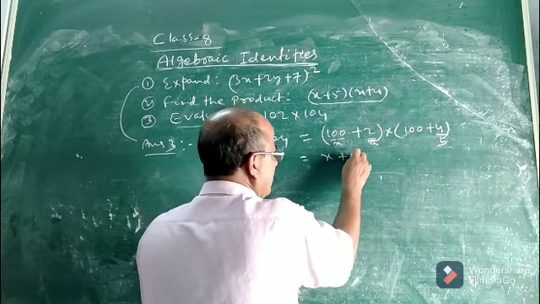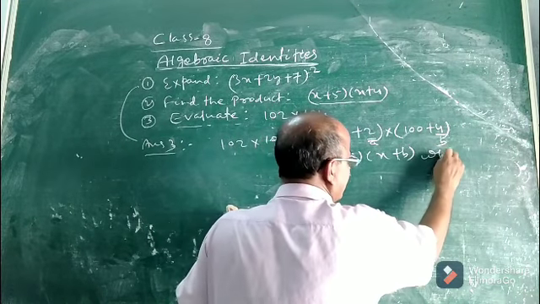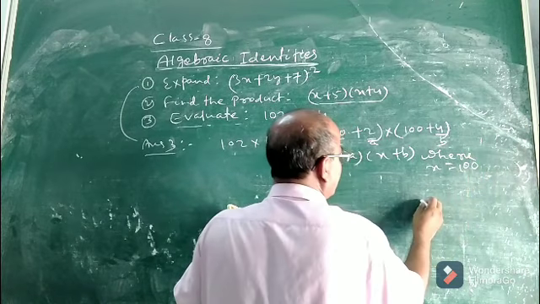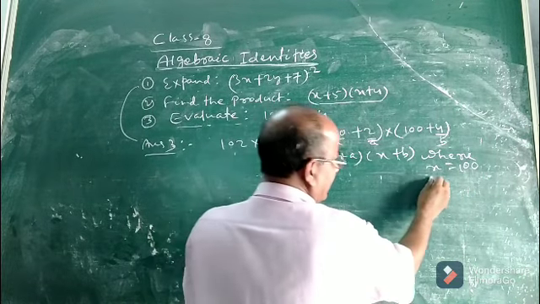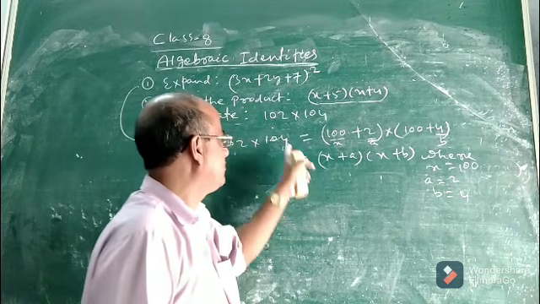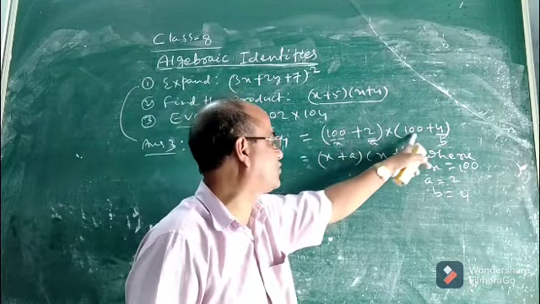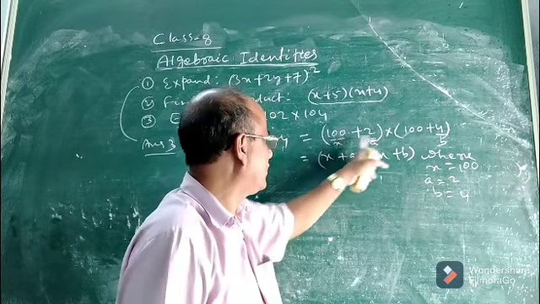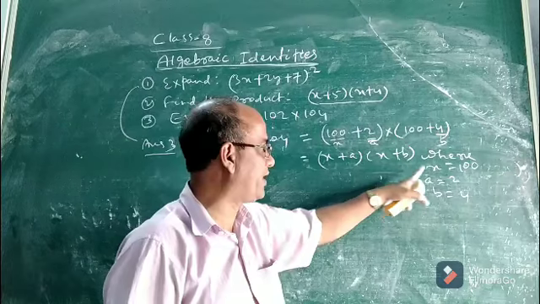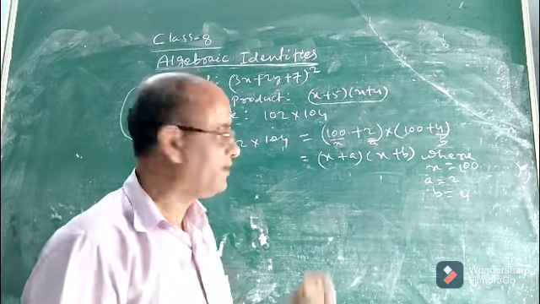That means it is in the form of x plus a into x plus b, where x equals 100, a equals 2 and b equals 4. By breaking 102 and 104 in this form, 100 plus 2 and 100 plus 4, it will come in this form, x plus a into x plus b, where x is 100, and a and b are 2 and 4 respectively. Okay.